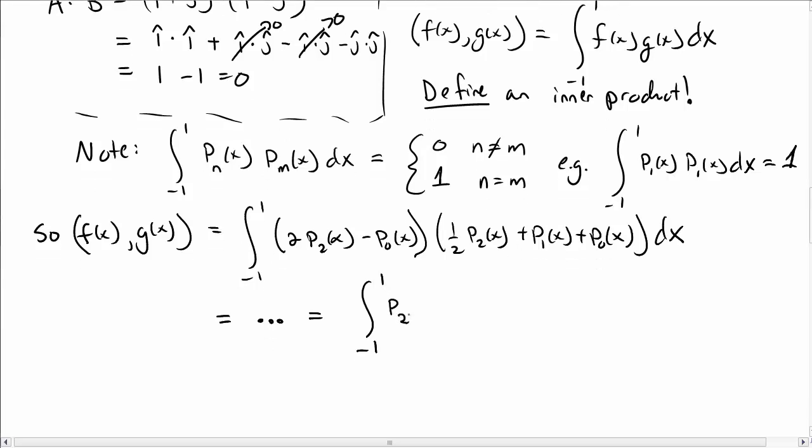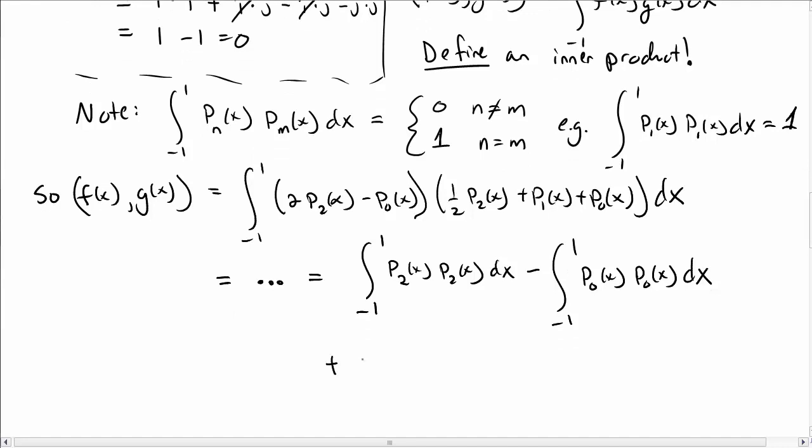One of the terms I get is p2 of x times p2 of x dx. I get another term that's the integral of p0 of x times p0 of x dx. I also get some cross terms. I get terms that look like 2 times the integral of, say, p2 of x and p1 of x dx, and many other terms that look like that.